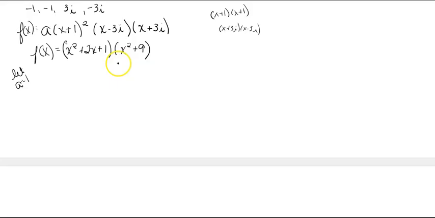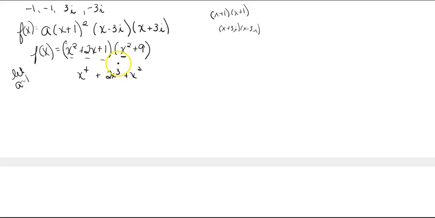So now what I'm going to have to do is multiply x squared plus 9 times all of this. I'm going to have to distribute it. And when I do that, I like to do it vertically rather than horizontally. So I'm going to take this x squared and multiply it by all 3 terms. And when I do that, I'm going to get x to the 4th plus 2x to the 3rd plus x squared.